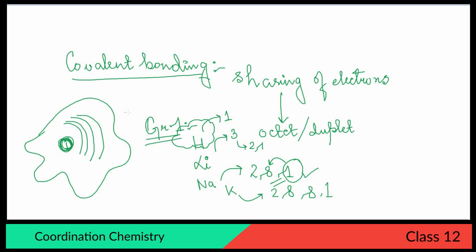Now, if and only if it has to form the plus one species, then it has to lose its valence electron so as to behave as a metal or a positively charged entity. For that, it has to lose all its electrons from the valence shell and only have one proton in the nucleus.